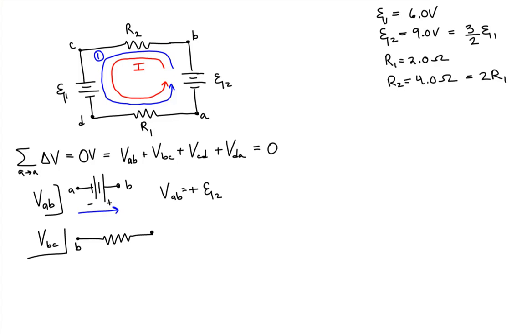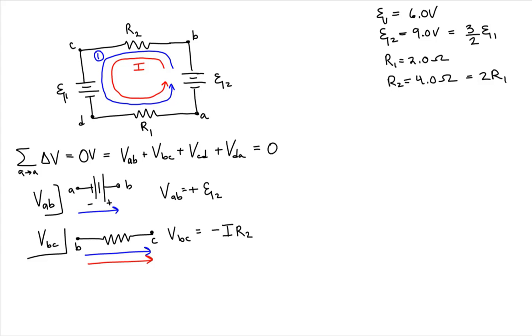Here is B, here is C. We are analyzing from B to C, and we are assuming our current will flow from B to C. Since our voltage analysis is in the same direction as current, we could say that the potential from B to C is equal to a minus the product of the current and the resistance of resistor 2.